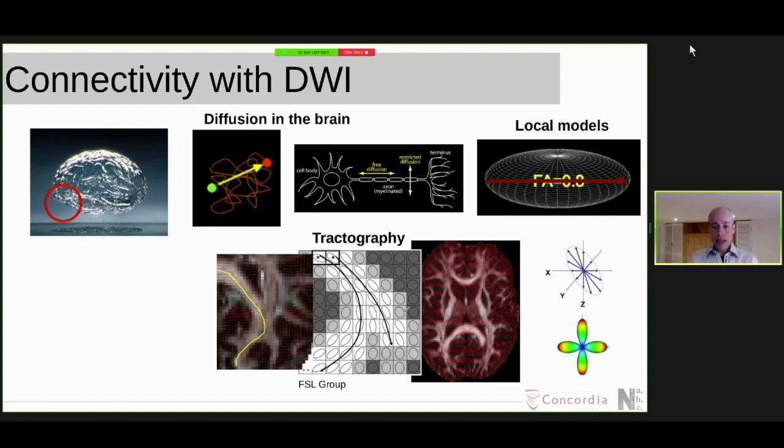And most people now are using probabilistic tractography, and that basically just means that we end up with a probabilistic map of the connections between one region and another, where you have high confidence and lower confidence, depending on how high the probability is.